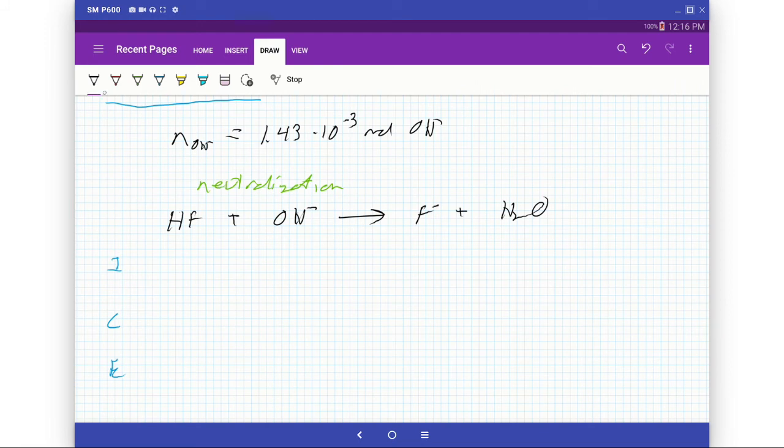And again, the number of moles of HF isn't changing. Moles of hydroxide are there. Now our limiting reagent is, of course, HF.